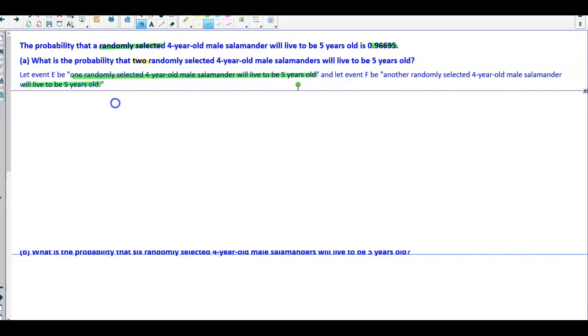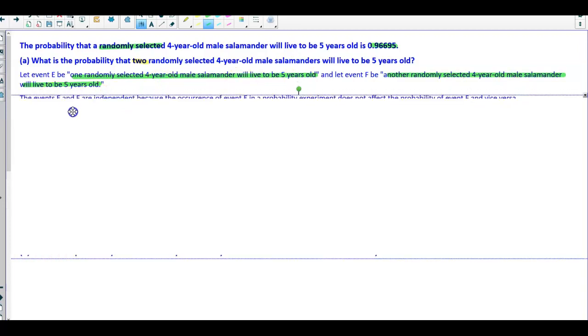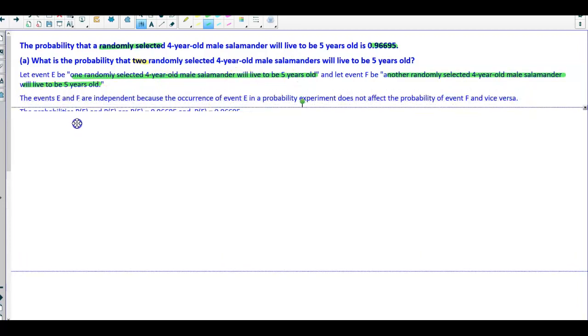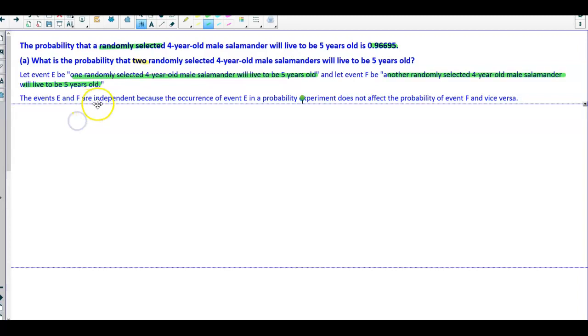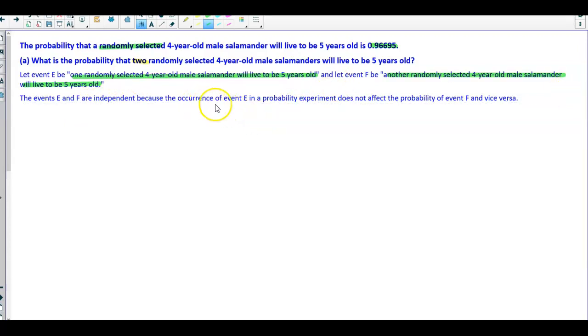And we're going to let event F also be another selection for when the 4-year-old salamander will live to be 5 years old. Okay, now we know that events E and F are independent. And the reason is because the occurrence of event E in a probability experiment does not affect the probability of event F and vice versa.